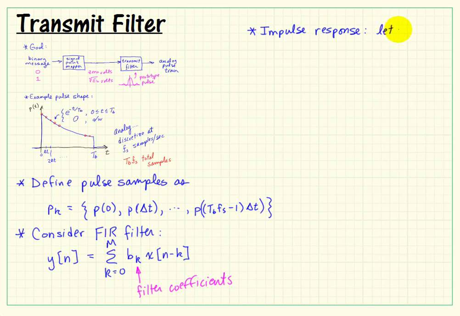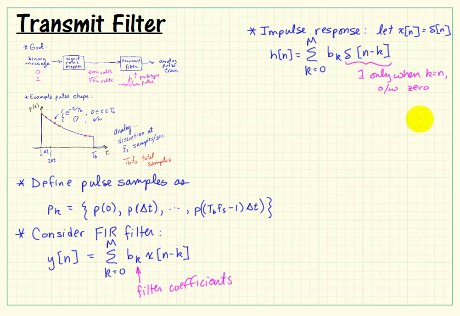Now if we let the input x be a delta function, then y becomes the special function called the impulse response. Impulse response is denoted as h of n. So it's the same expression, except now I've simply swapped out x for delta. The delta function is a 1 only when our index k is equal to n, otherwise it's 0.